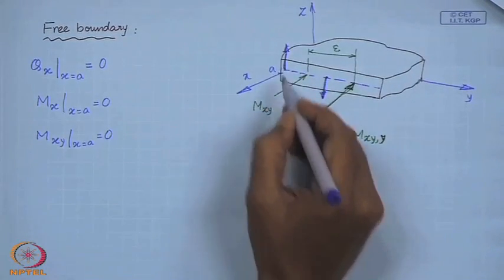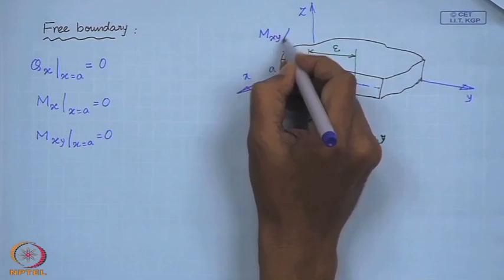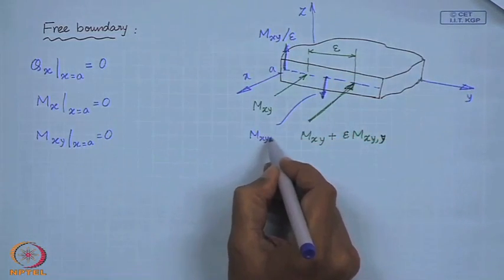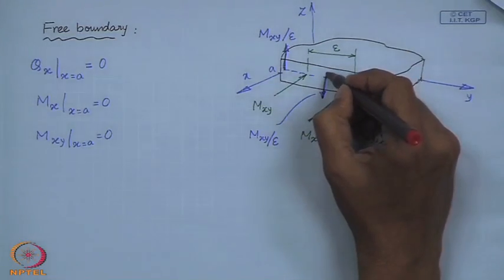So, this can be replaced by a couple, and similarly this can be replaced by another couple.